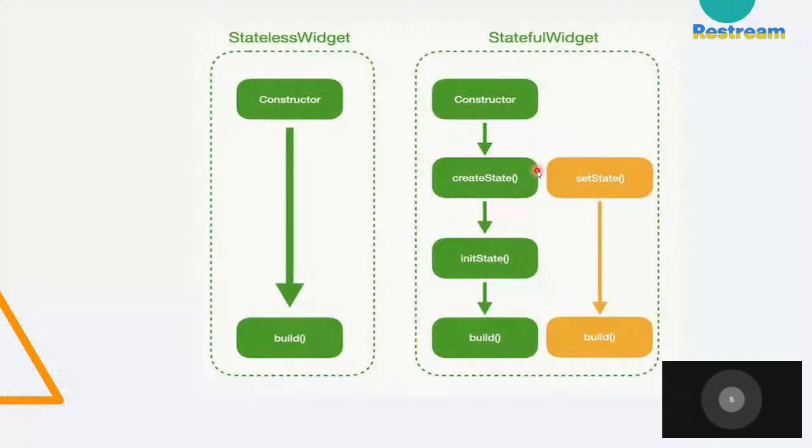The initial state is set as the button not pressed, and the initialization of state happens here. After the button is pressed, the state is initiated, then it is built.